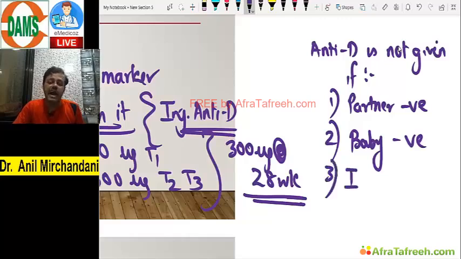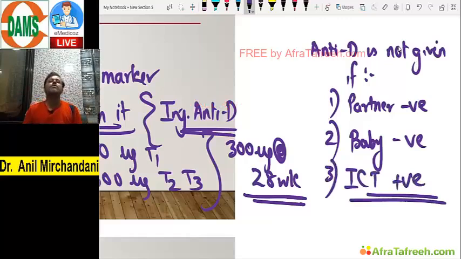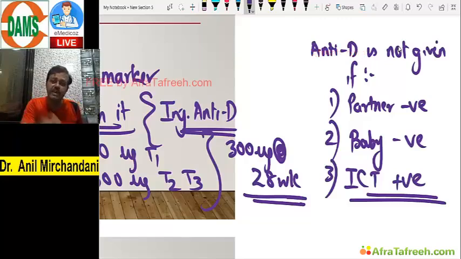If the patient is ICT positive, then also we don't give anti-D injection. Why? In simple language, can you prevent isoimmunization if the patient is already isoimmunized?